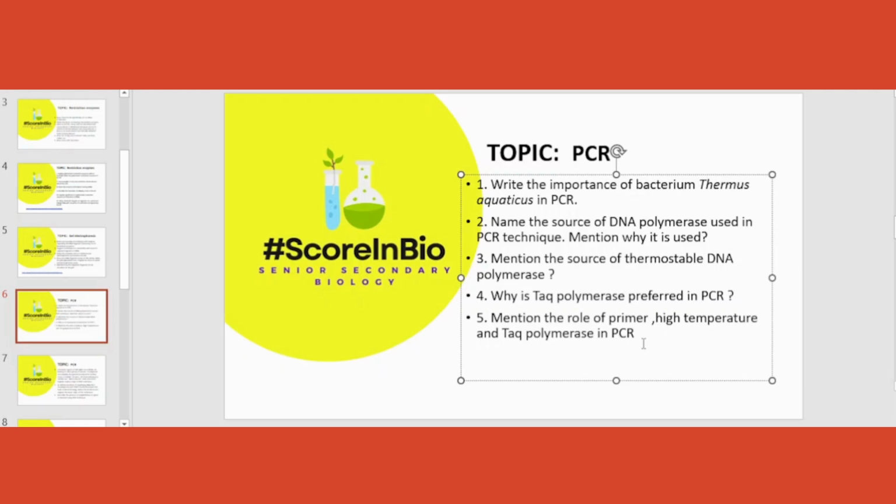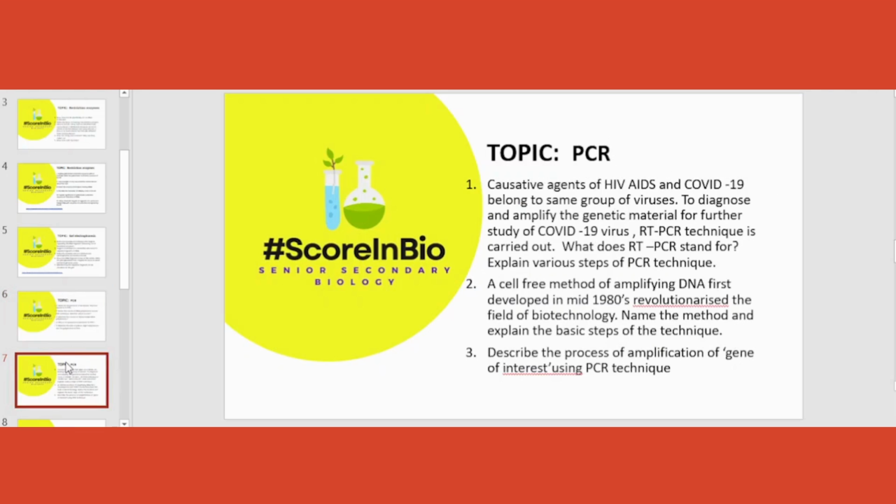Self-explanatory in the video. Still, quickly, let's understand it. Primers are tiny sequences of nucleotides which can bind to the separated strands of DNA, and then they allow the DNA polymerase to extend it. High temperature is for the denaturation step. Taq polymerase is our DNA polymerase that helps in polymerization.